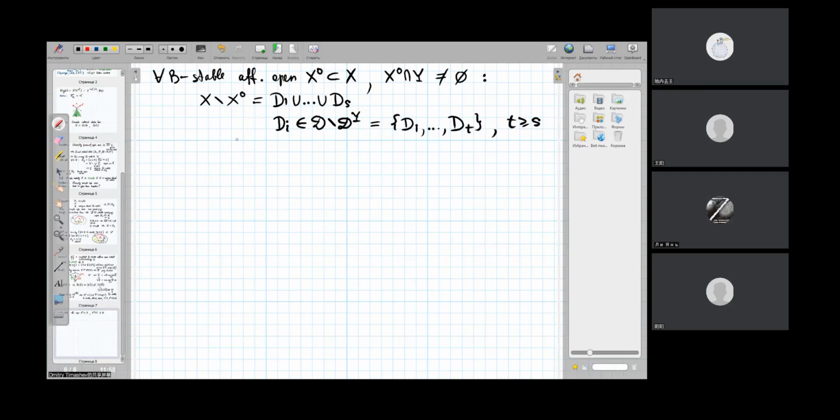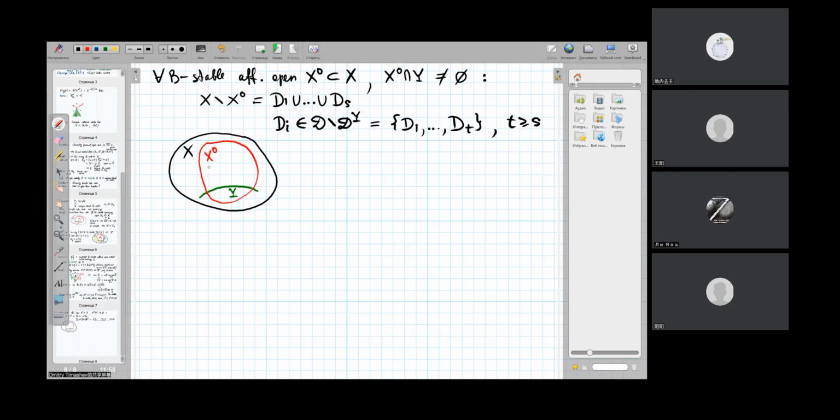Again, we have X. We have the closed orbit Y in X. This is Y. We have the affine B-stable open subset X naught.